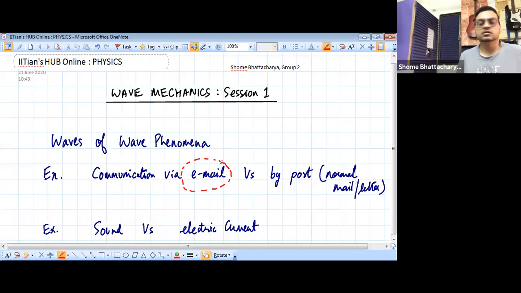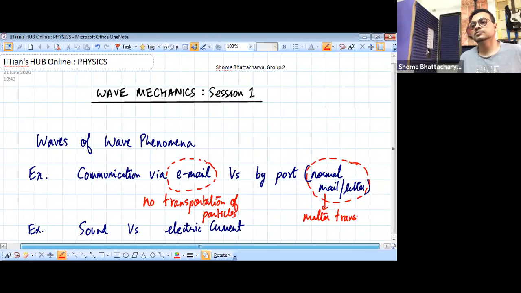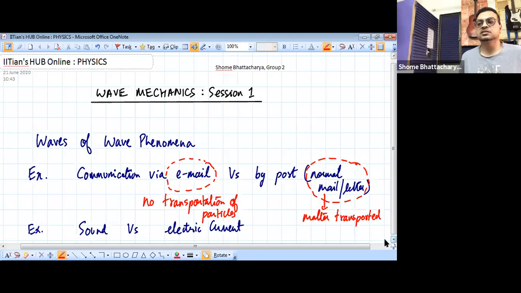In email, there is no transportation of any particles, whereas in a mail or a letter, or by post, there is matter which is transported. It's actual physical matter which is transported from one point to another.